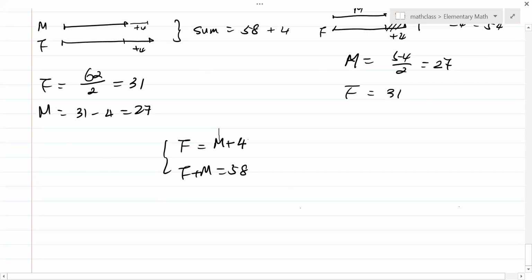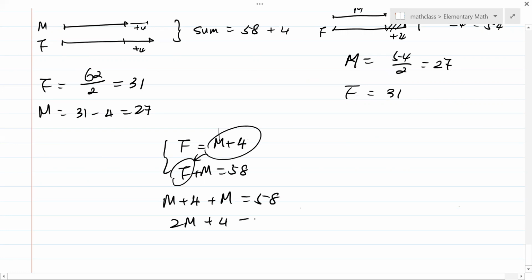And the best way is to use substitution to solve the problem. This f should be replaced by m plus 4. So it will be m plus 4 plus m is going to be 58. Then 2m plus 4 equals 58.